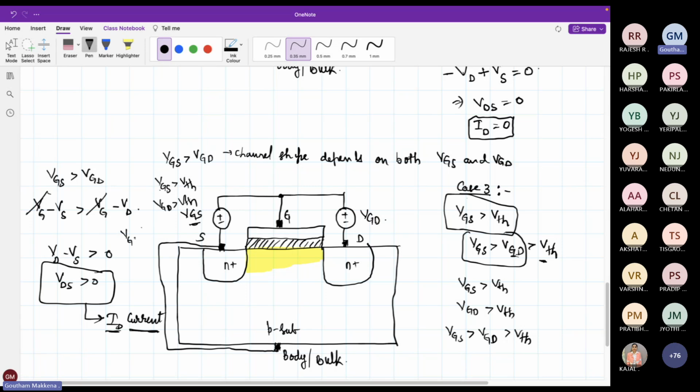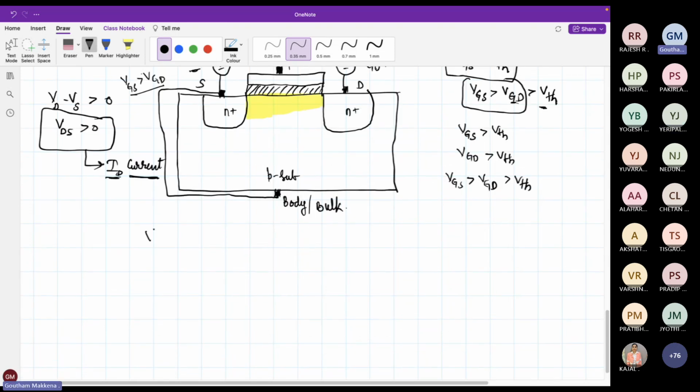But with one more condition, VGS greater than VGD, you can say the channel is more pronounced towards the source side compared to the drain side. Is that clear? Yes, clear.